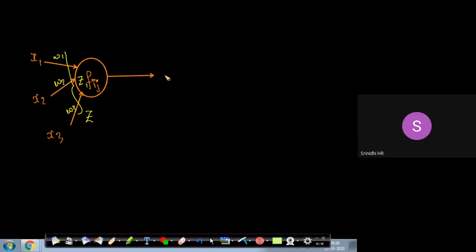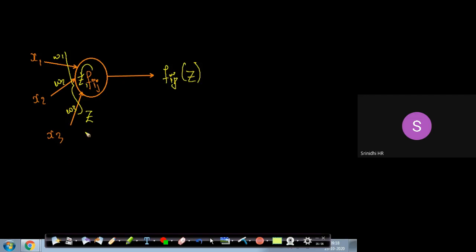The output will be f of Z. Is it correct? I'm applying this function to the sum of all the inputs, so the output will be f of Z.